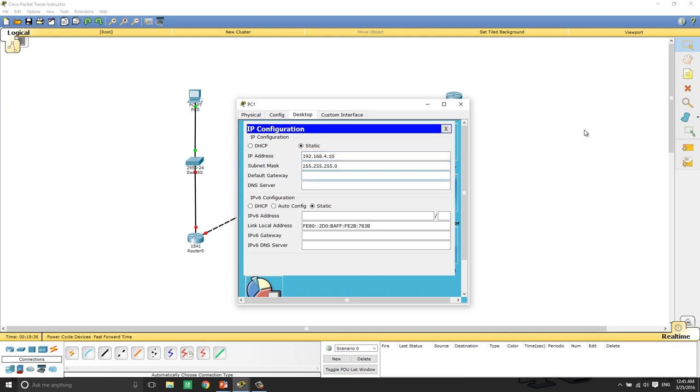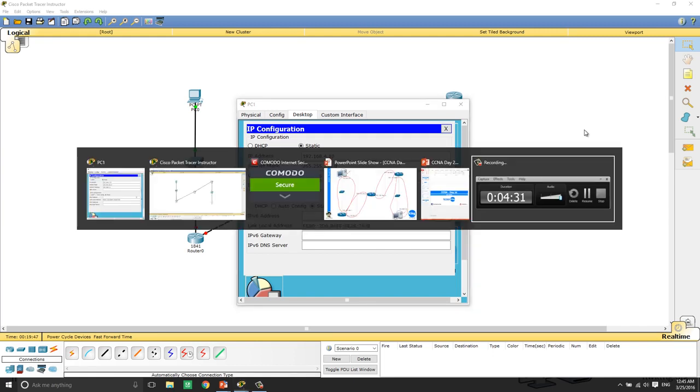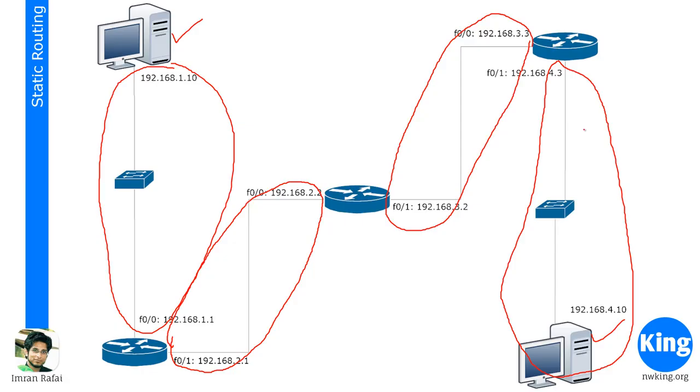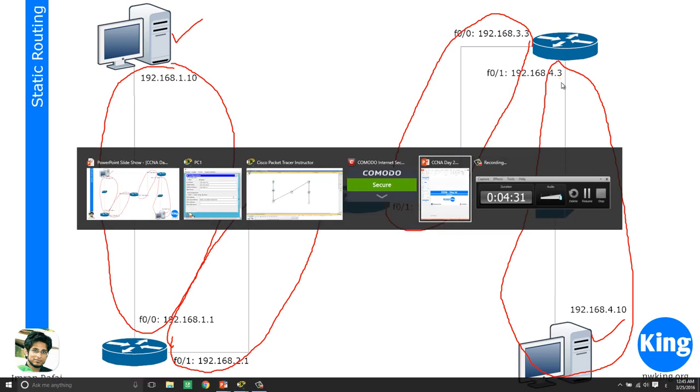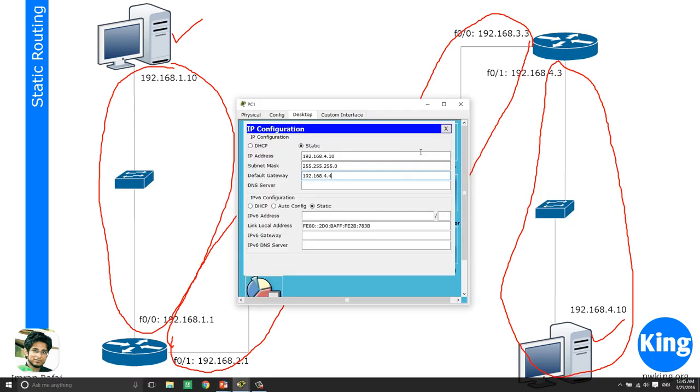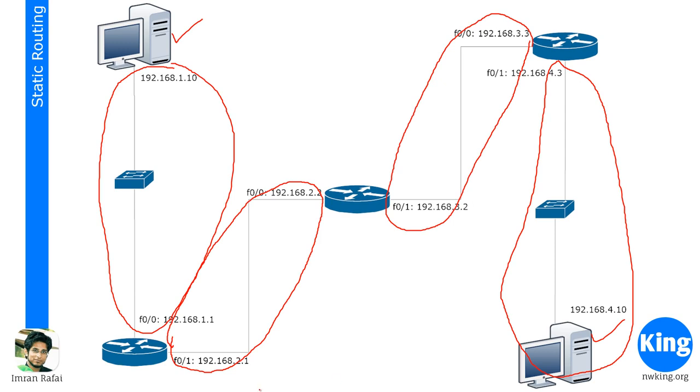And IP address same, 192.168.4.1. Oh, was it 4.4? 4.4, I think. Uh, 4.3, right? So 4.3 it is. So I'm going to change it to 4.3, right? So this is 4.3. Right, so this is done.